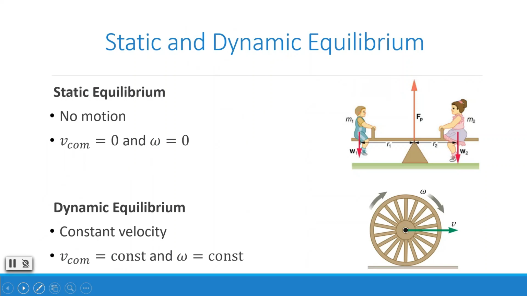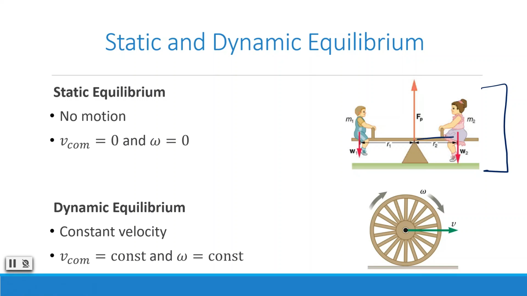So static equilibrium is no motion at all, so the velocity of the center of mass is 0 and your angular speed is 0. Dynamic equilibrium is constant velocity: the velocity of the center of mass is constant and your angular speed is constant. An example of static equilibrium is two kids on a seesaw where the seesaw is balanced and at rest. This is a very common problem.